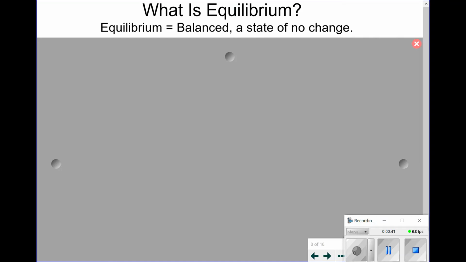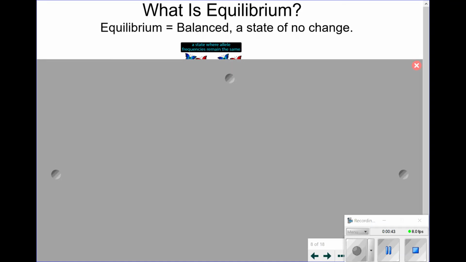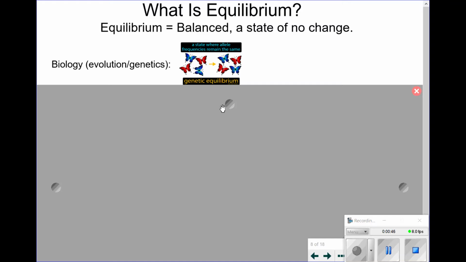So for example, if we take a look at biology, there's a thing known as genetic equilibrium. This is a point where the frequency of a particular property in a species is consistent. And so here we have a bunch of butterflies where we can see that half of them are red and half of them are blue.